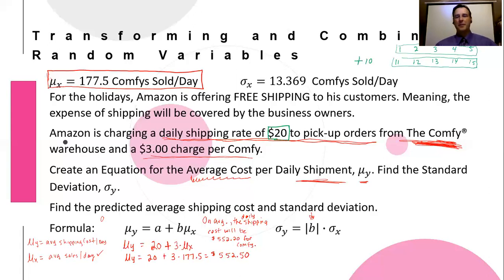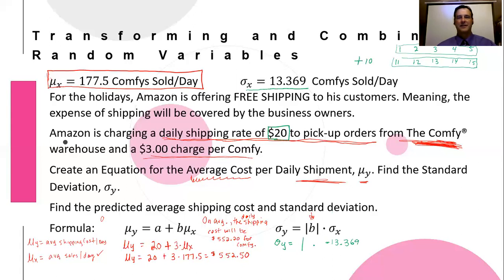Okay, now the formula that I'm giving you here is actually not one that's in the book. It's kind of like my own version of it, but I think it's pretty easy. And it basically says the same thing. It's the standard deviation of your shipping cost, of the number sold, which is right down here, 13.369, times the rates that they're charging you per comfy.